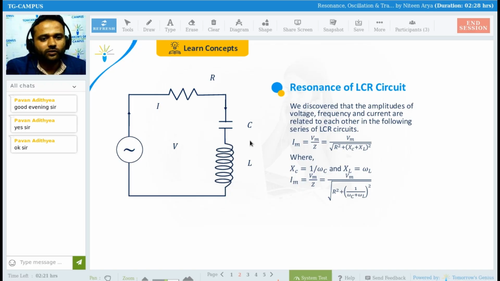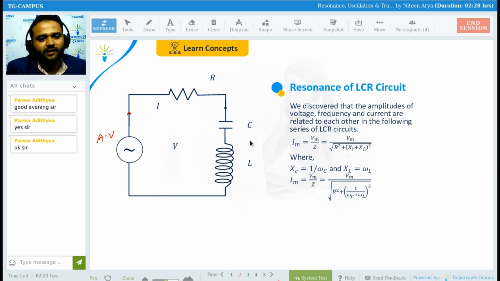In series, that particular circuit is known as LCR. This symbol is your alternating voltage, and the current is going in this way. This is your resistance R, this is your capacitance C, and that is your inductance L.